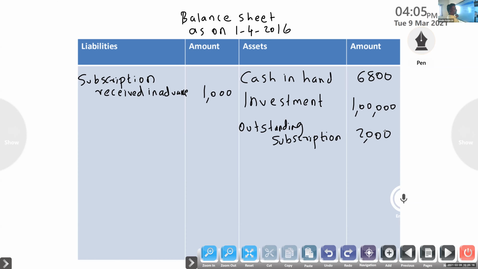Next, stock of stationery. Aditya, asset or liability? Asset, yes. Next, books, no need to tell, you know that it is asset, same amount.